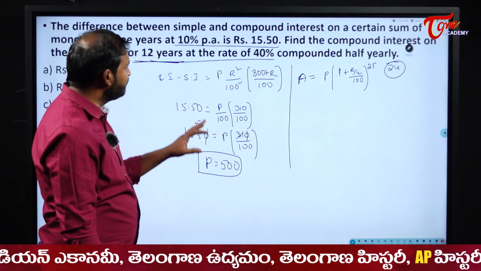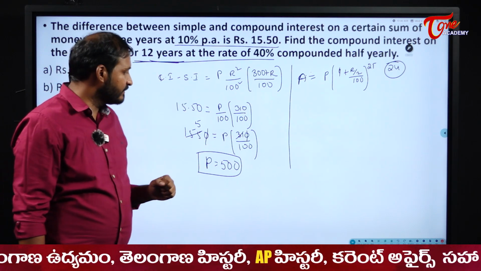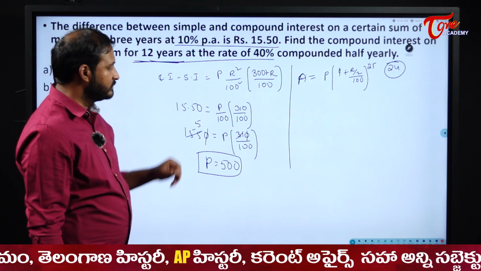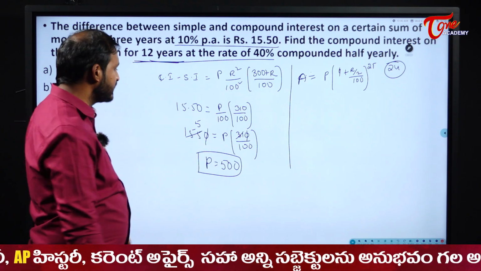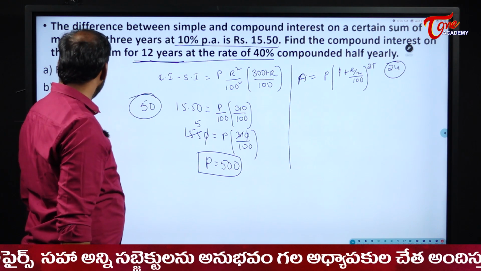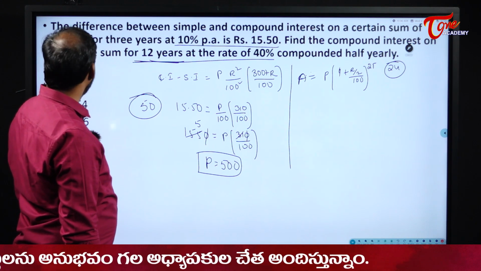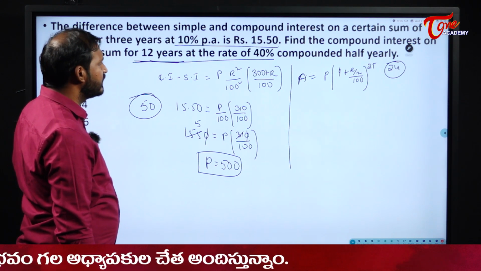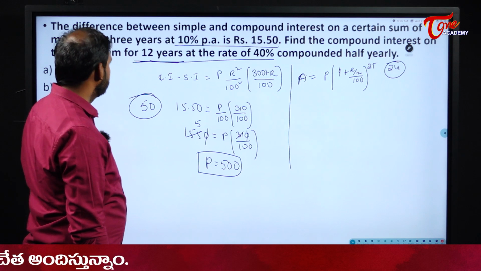For example, if this is my simple interest, what would I have got for 1 year? What is the interest I will get? 10% of 500 is 50. Compound interest on the same sum for 12 years at the rate of 40% compounded half yearly.